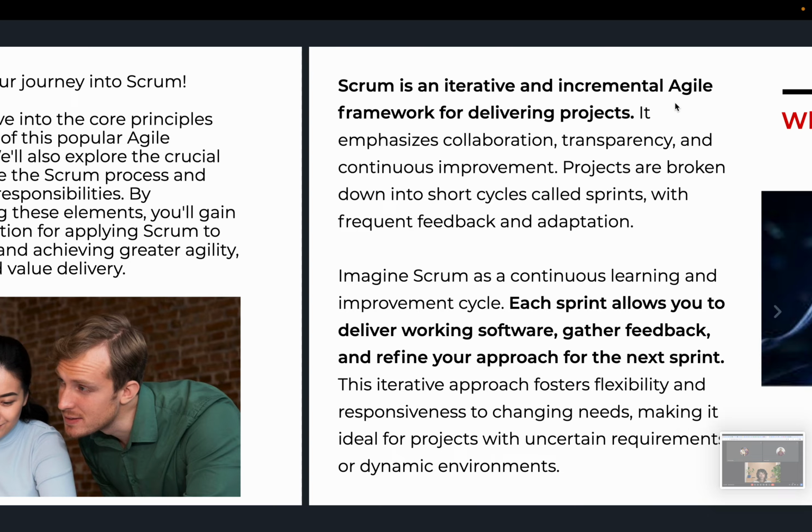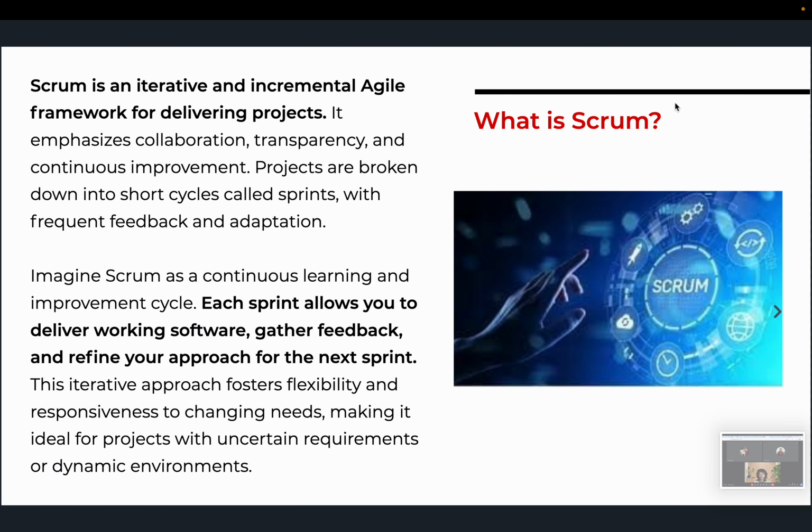All right. So what is Scrum? This popular agile framework, what is it all about? Scrum is an iterative and incremental agile framework for delivering projects. It emphasizes collaboration, transparency, and continuous improvement. Projects are broken down into short cycles called sprints with frequent feedback and adaptation.